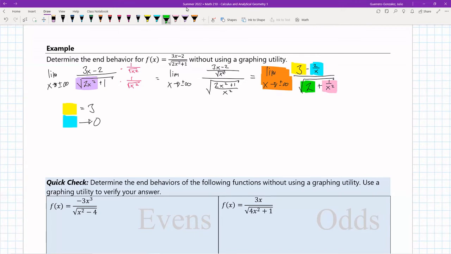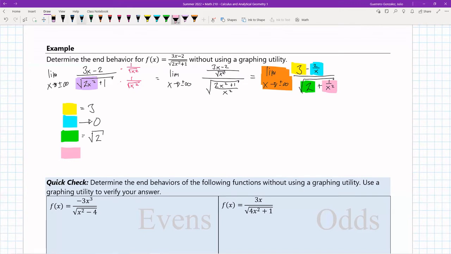Next one, the 2. I'm doing this limit now, basically the limit of the square root of 2. That's just going to be the square root of 2. The x variable means nothing here. And then lastly, the thing in the pink.